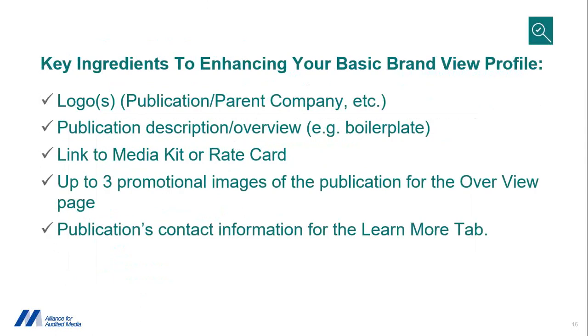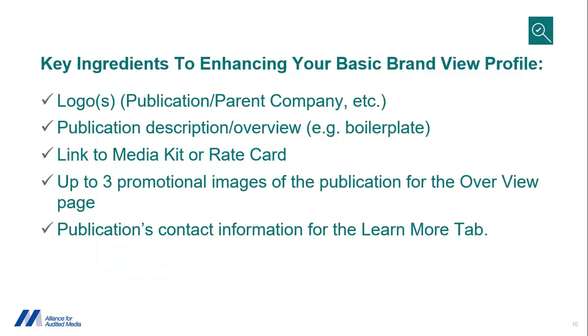Some key ingredients that you want to build out your Brand View profile are the logo of your publication. You want to have the logo. You can put your logo on all the tabs for Brand View. Also, you want a brief description about your publication. Again, you don't have to recreate the wheel. You can use a blurb from your marketing kit, your media kit, or a boilerplate, any information you have about your publication.